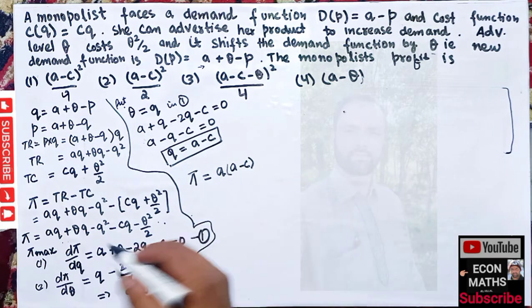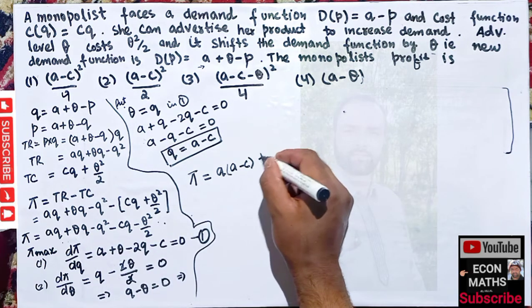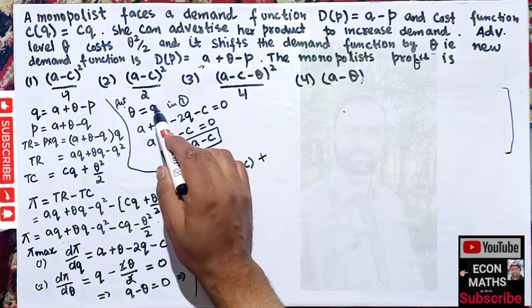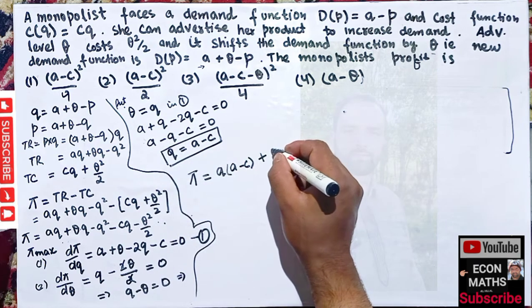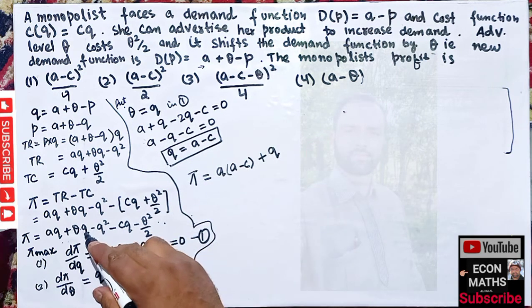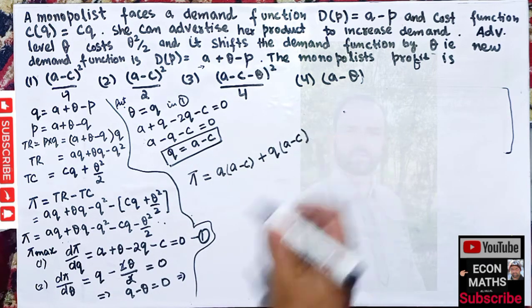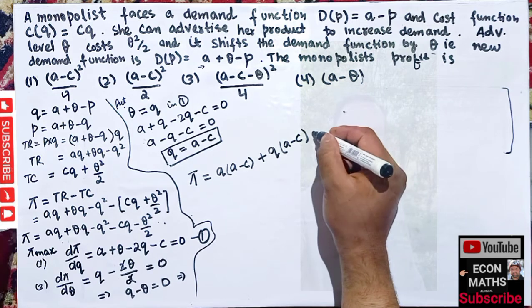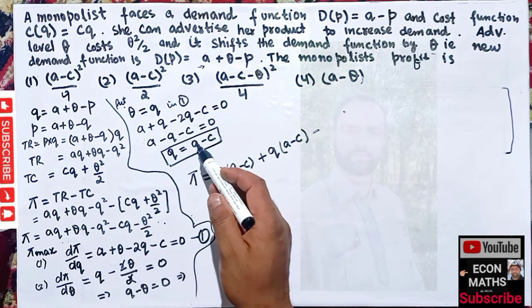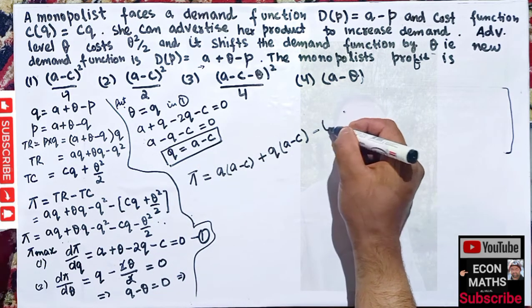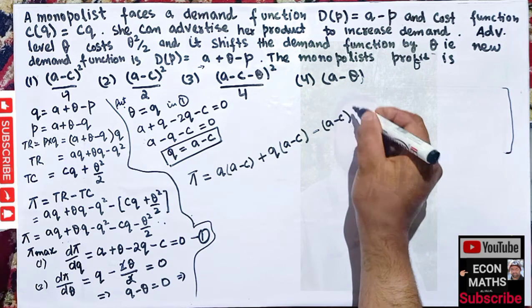After that we have plus theta, which is equal to q, and the value of q is a minus c, minus q square. Q square means a minus c whole square.